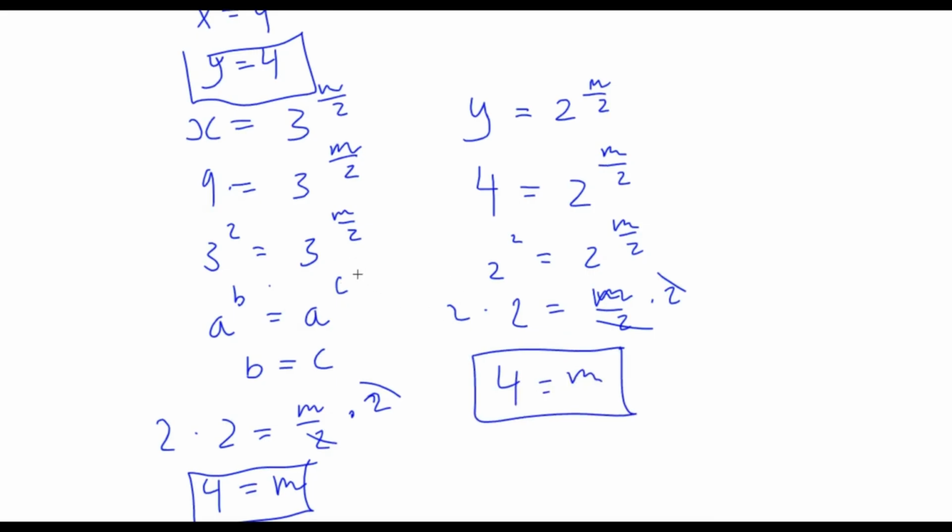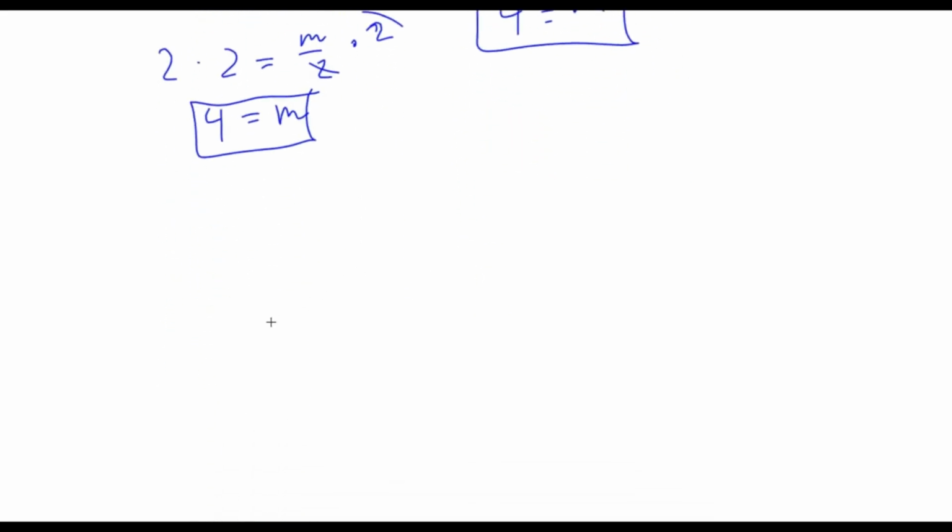So now that we have our value for m, let's plug it into the original equation to see if it's right. Remember, our original equation was 3 to the power of m minus 2 to the power of m is equal to 65. Now m is equal to 4.